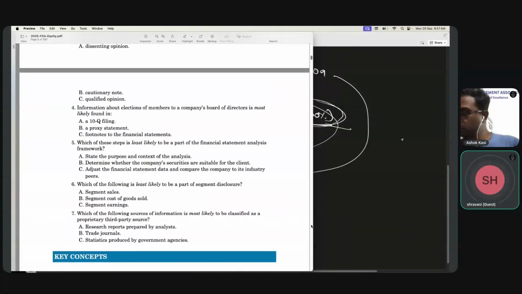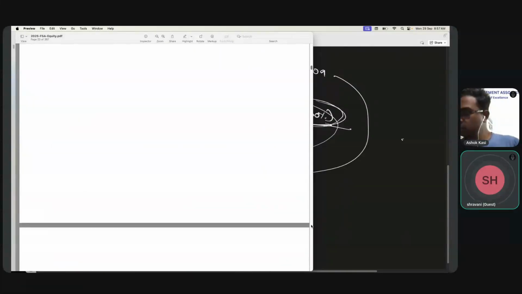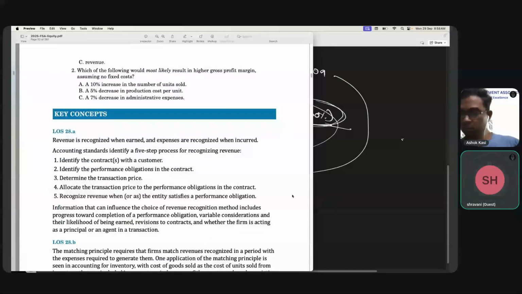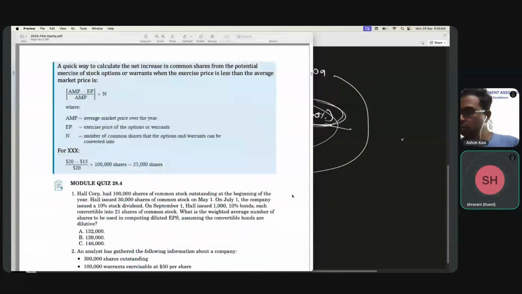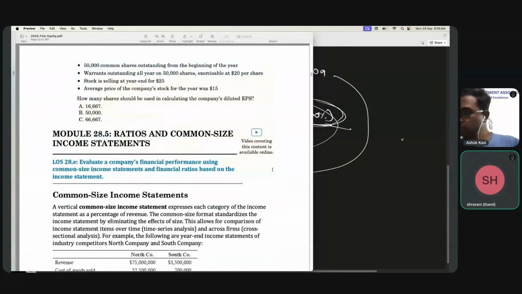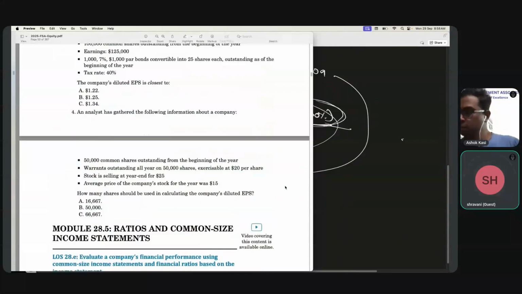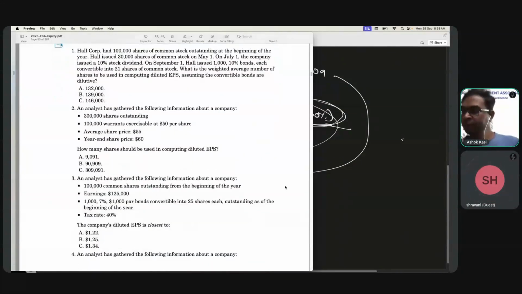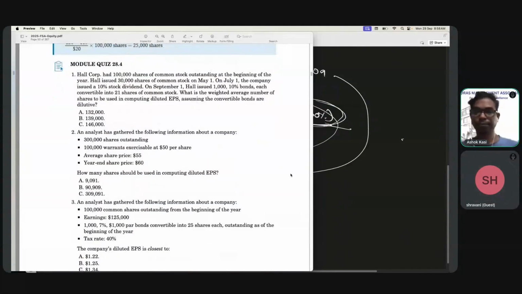So what is the module quiz? 28.4. Question number two.